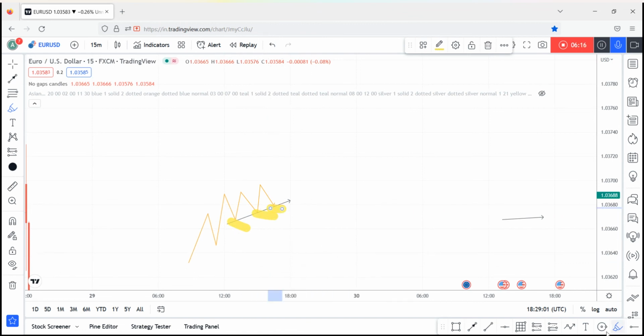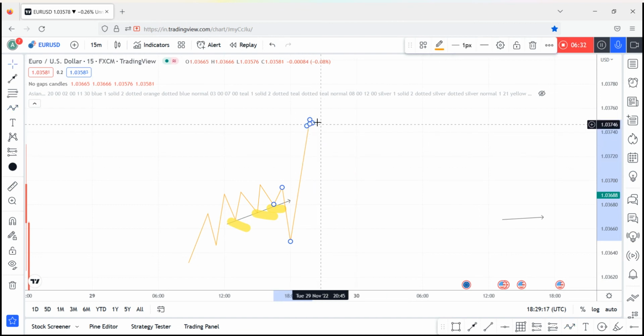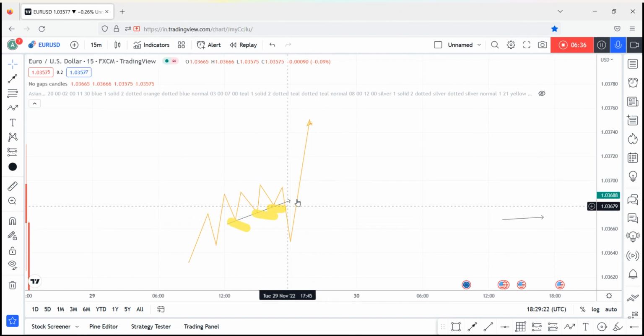And again the market just touches this trend line, goes up and collects all the stop losses and then goes up. Why? Because the market needs fuel. Until the market gets fuel, the market will not go up or down. The market will have to collect all the stop losses that retail traders and SMC traders have placed over there.